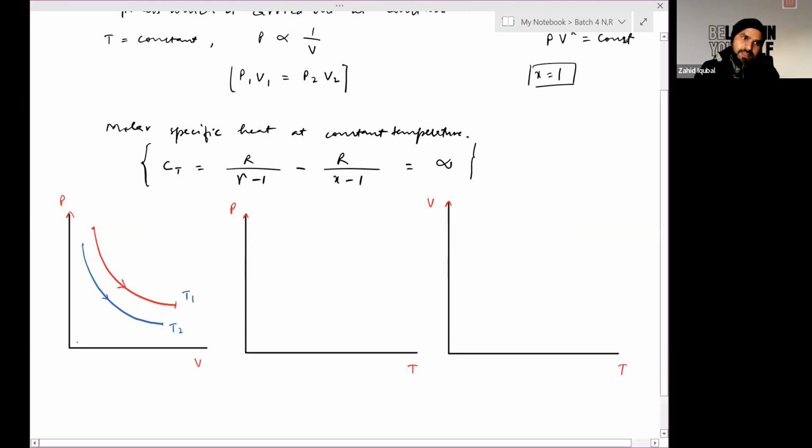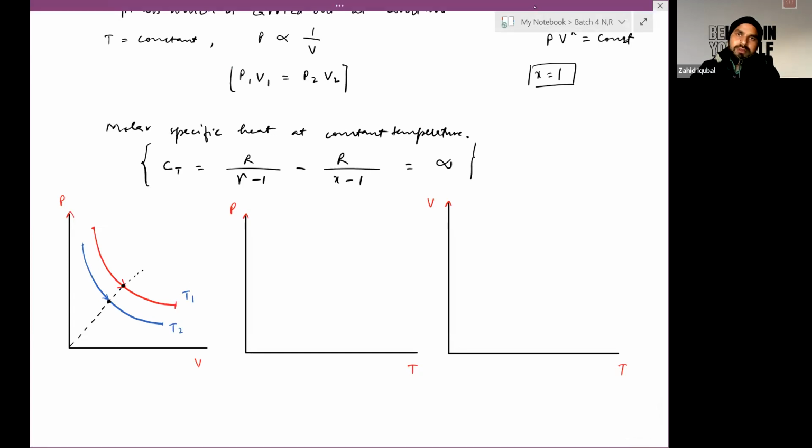Let me explain. Just draw a horizontal line, a straight line like this, touching this point and this graph at this point.